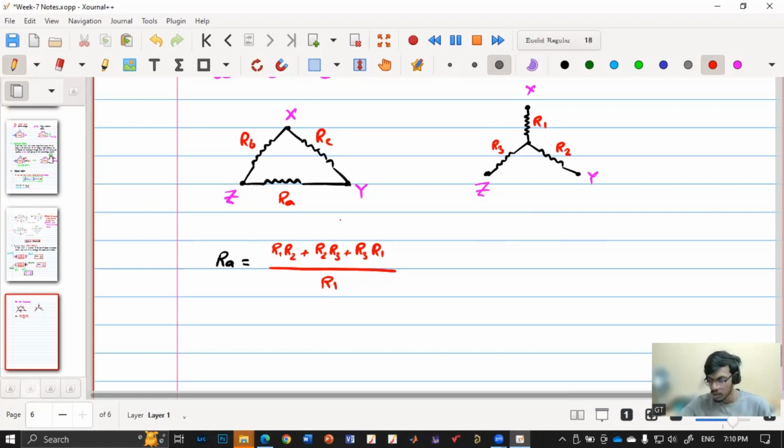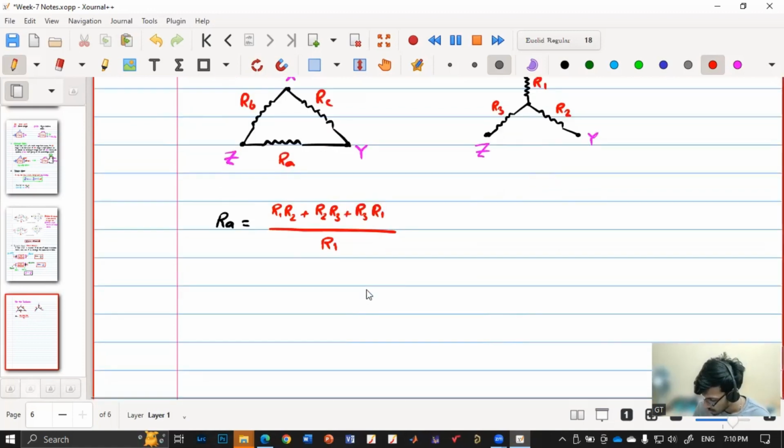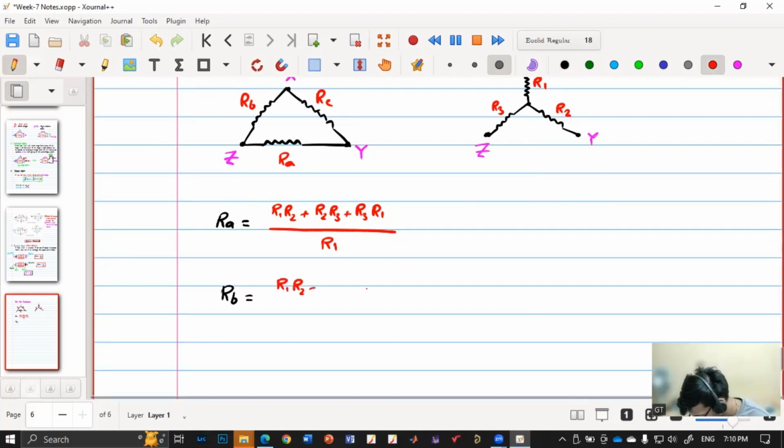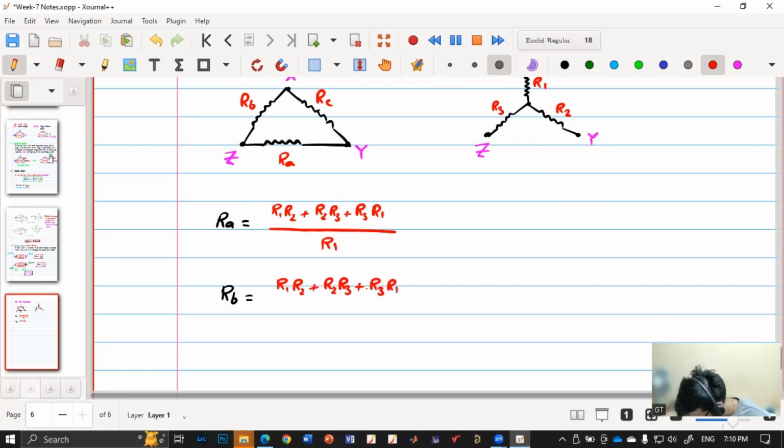However you want to remember, you can remember, but I'll just write down the values. And RB: here the numerator remains the same, only the denominator changes. R1R2 plus R2R3 plus R3R1 by R2.